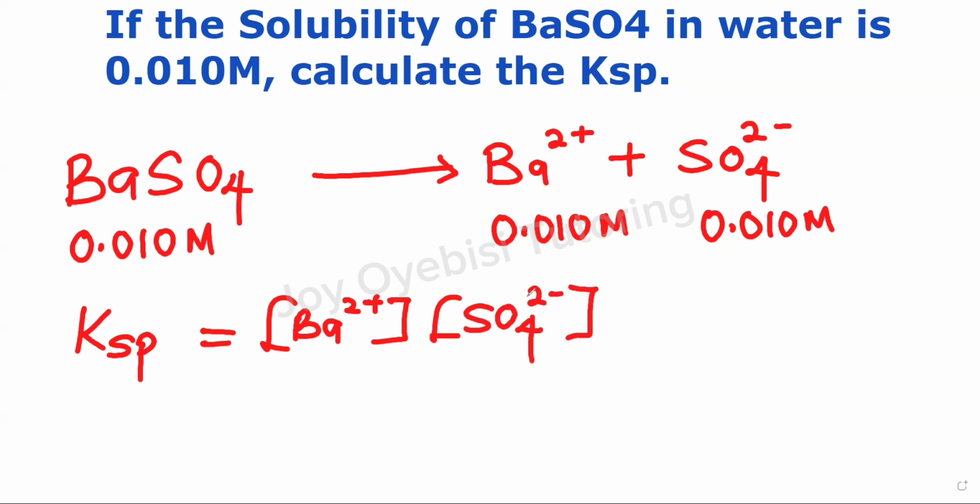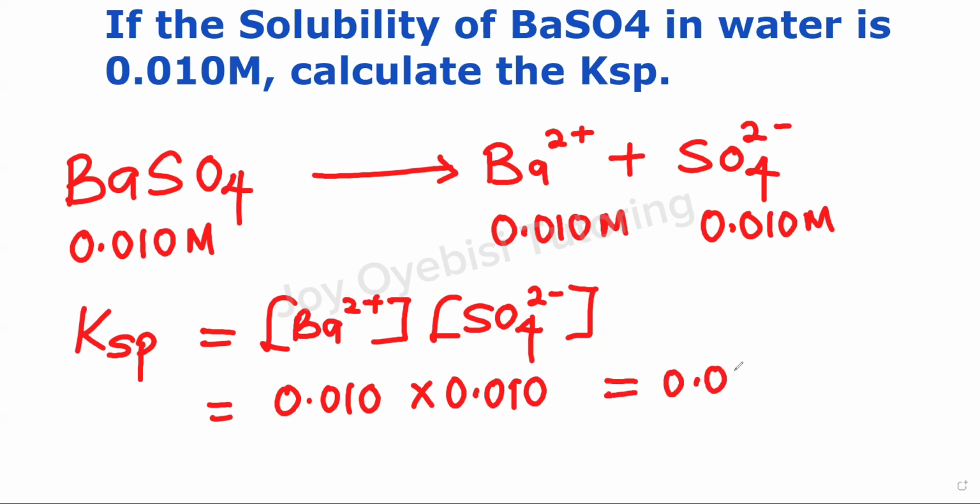And then we simply plug in the values, 0.010 times 0.010, and that will give us 0.00010, and that's our Ksp. Okay, so that's simply how you calculate the Ksp when given the solubility.